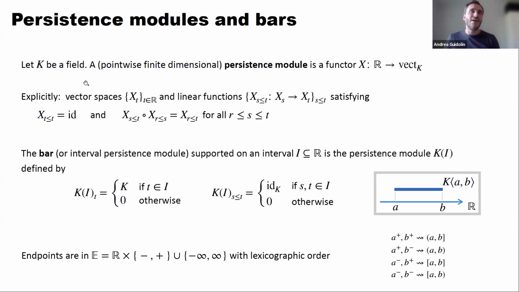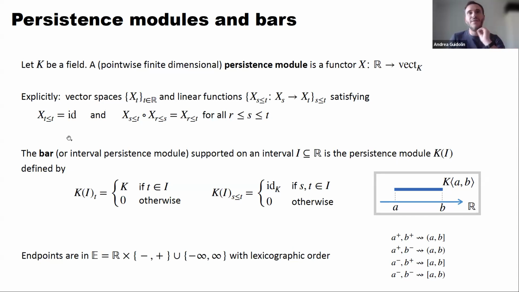Explicitly, a persistence module is a collection of vector spaces indexed by real numbers and linear functions indexed by pairs of real numbers. I'm going to call these linear functions the transition maps in this talk, and they satisfy that the transition from T to T is just the identity on XT, and the transition from S to T composed with the transition from R to S is the transition from R to T.